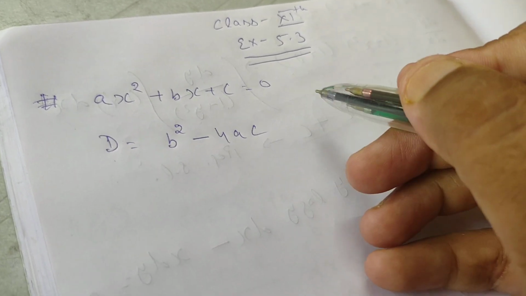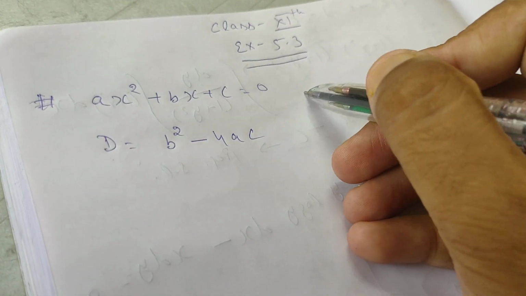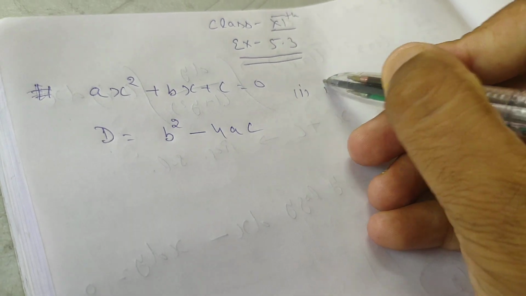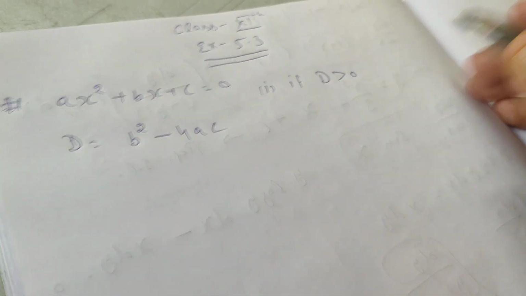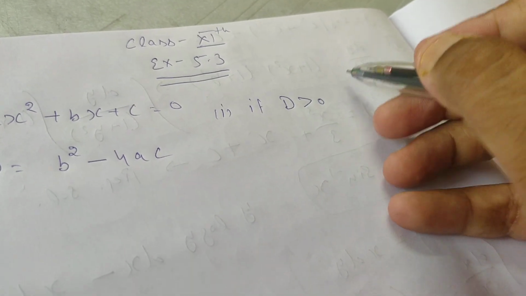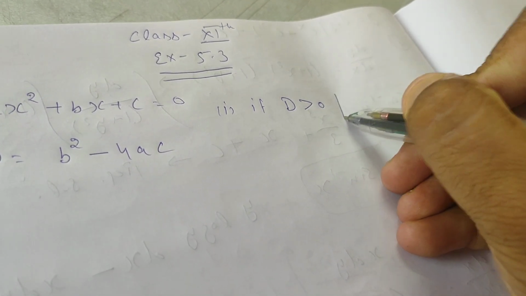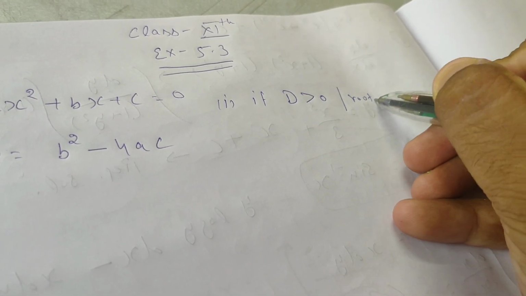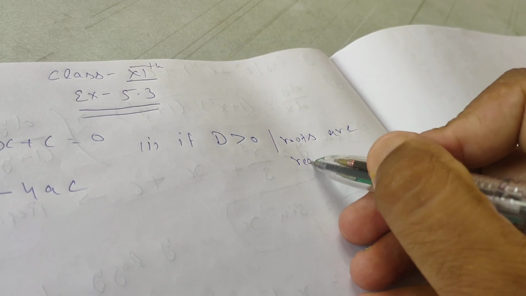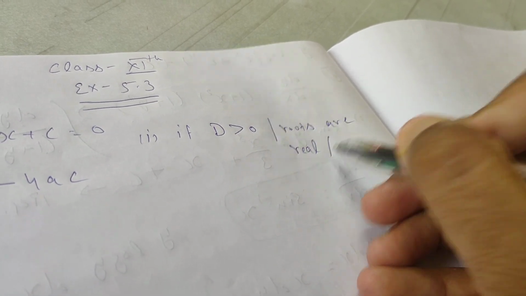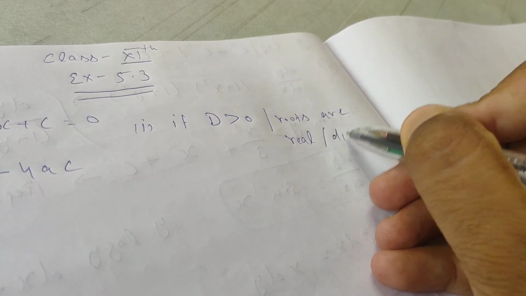Then there are some conditions on d. First, if d is greater than 0, roots are real and distinct.